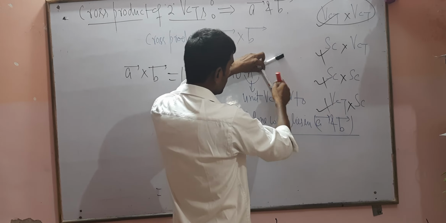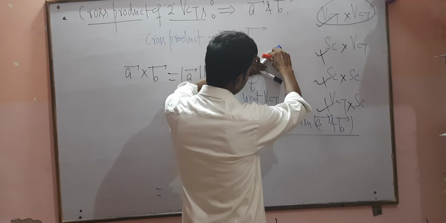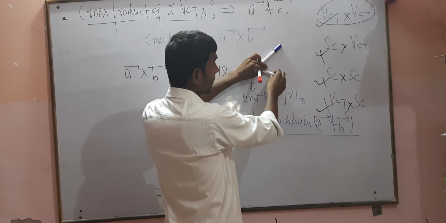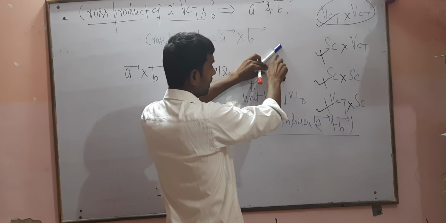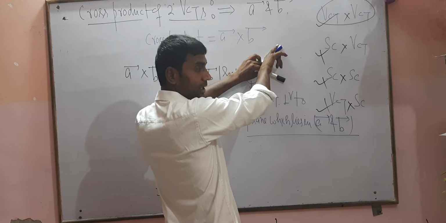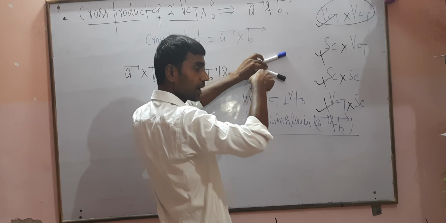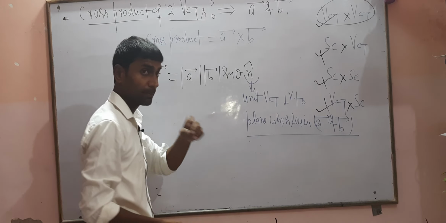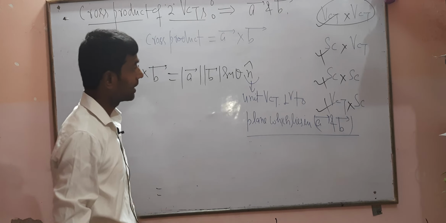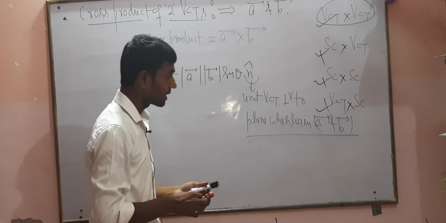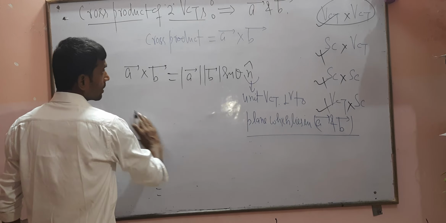If the orientation is changed, this is the A and this is the B, we can say the thumb is outside the plane. So this is the A cross B. A cross B is what? The thumb will be outside the plane. This implies that the direction of n cap will be perpendicular to the plane where A and B vectors lie.